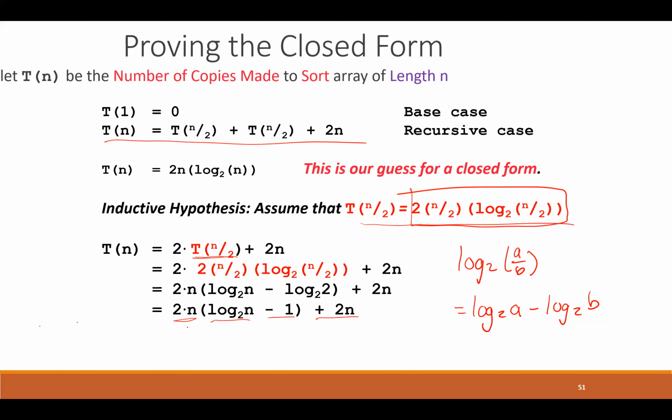I'm going to take this 2n and multiply it by both terms. So I get 2n log base 2 of n minus 2n plus 2n. And these, of course, cancel, and I'm left with the original guess. So I've proven by induction that the Mergesort algorithm runs in 2n times log base 2 of n time.